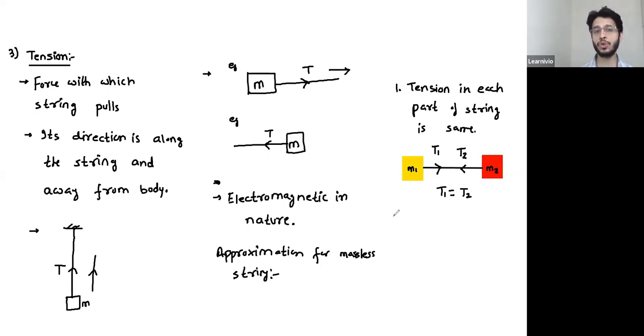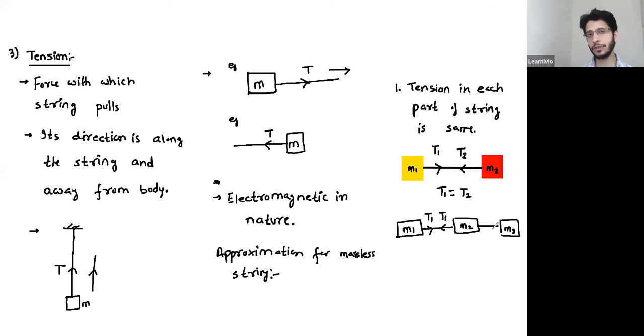But if you have two different strings, like I take this as mass M1, I take this as mass M2, and I take this as mass M3. So now you have three masses and two strings. So the direction of tension is along the string and away from the mass. So this is T1. On M2, the tension will remain T1 only because it's the same string.